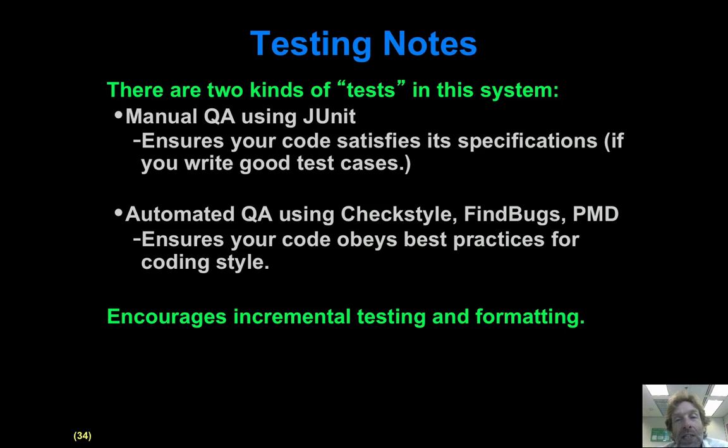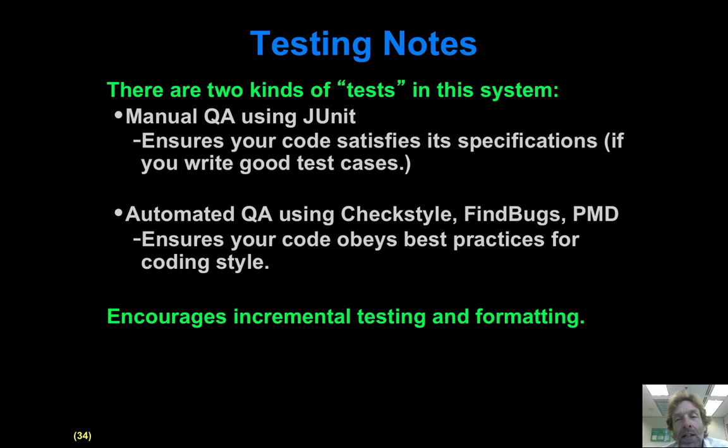Now, what's going to happen when we get started with having a build system is that there are two kinds of ways you can test your system, conceptually speaking. The first way is through running unit tests that you've constructed yourself using the JUnit framework. And that's good, and that tests the behavior of the system and makes sure that it satisfies the specifications.